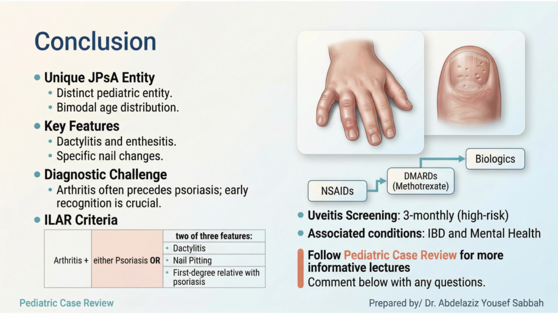The International League of Associations for Rheumatology criteria require arthritis plus either psoriasis or two of three features: dactylitis, nail pitting, or a first-degree relative with psoriasis. Treatment follows a stepwise approach from nonsteroidal anti-inflammatory drugs to disease-modifying antirheumatic drugs like methotrexate to biologics. High-risk patients need uveitis screening every 3 months. Associated conditions include inflammatory bowel disease and mental health concerns.